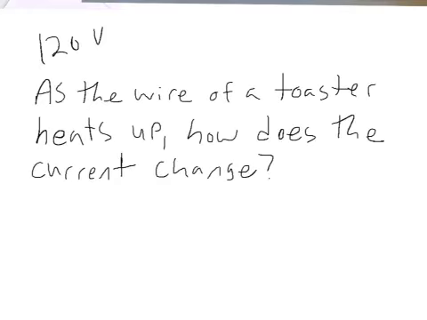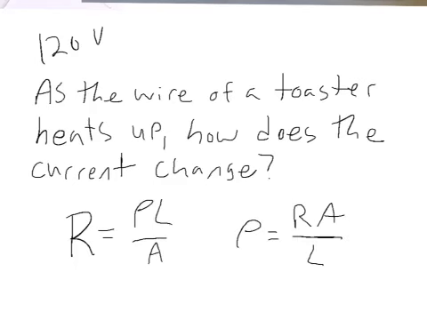Okay, so as our wire heats up, we want to look at what we learned last time about resistivity. Our resistivity is given to us by this right here, and when we solve for resistivity, we get this. What that's showing us is that if the dimensions of our wire change, then our resistivity will change.